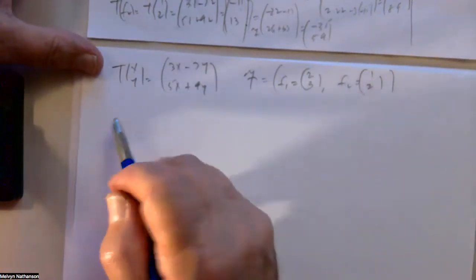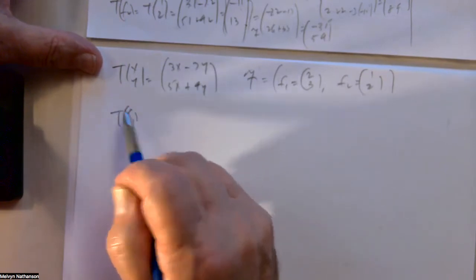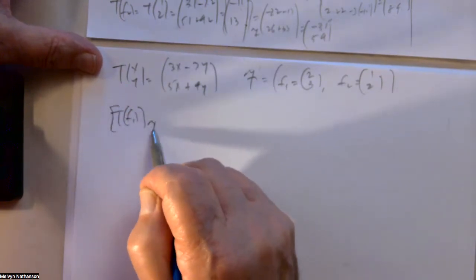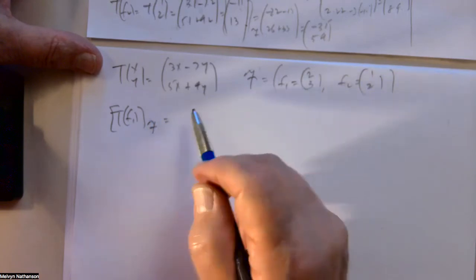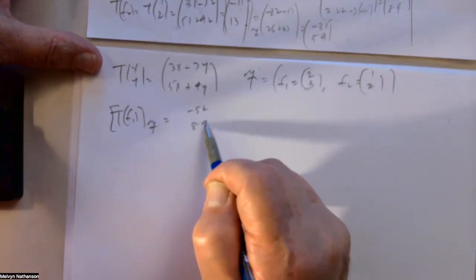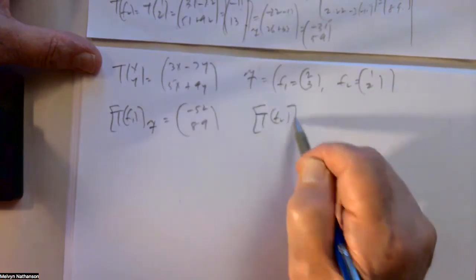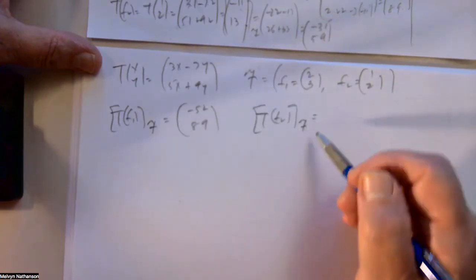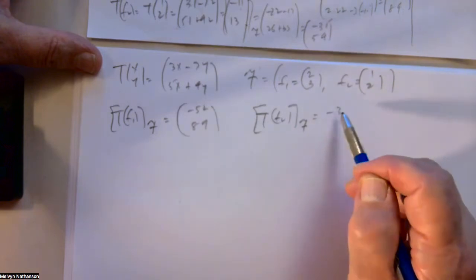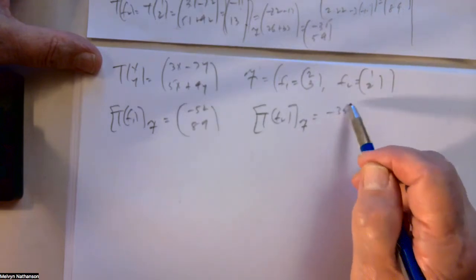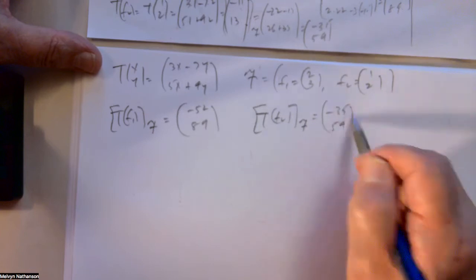And I think I calculated that T of f1, the coordinate vector for that, is (minus 52, 89). And the coordinate vector for T of f2 with respect to the basis f is (minus 35, 54).